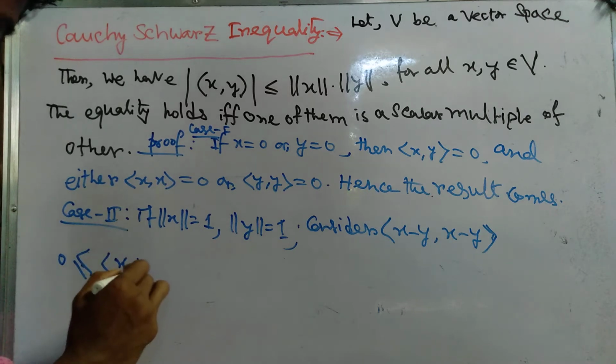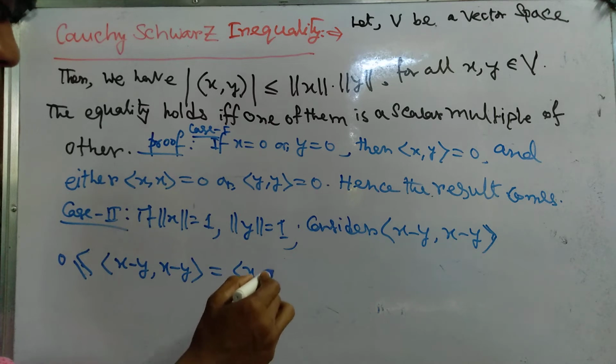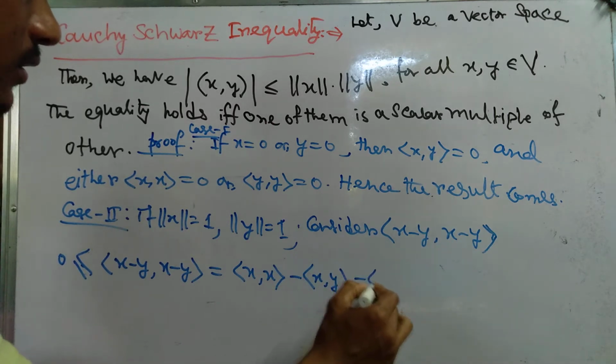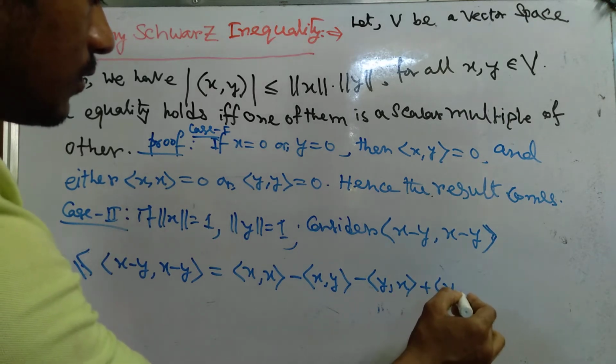That means the inner product of x minus y with itself equals xx minus xy minus yx plus yy.